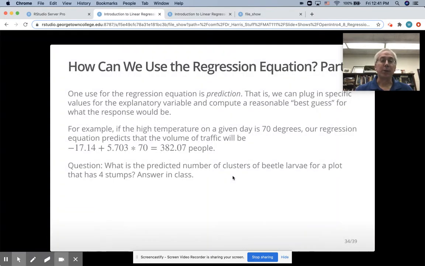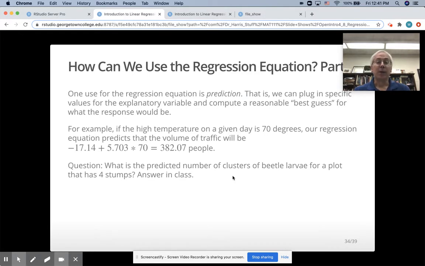Now, here are a couple things that we can do with the regression equation once we've got it. One thing is we can use it to predict things. So if I've got a new explanatory data point, I can pop it into the regression equation and I can come up with a predicted response value.